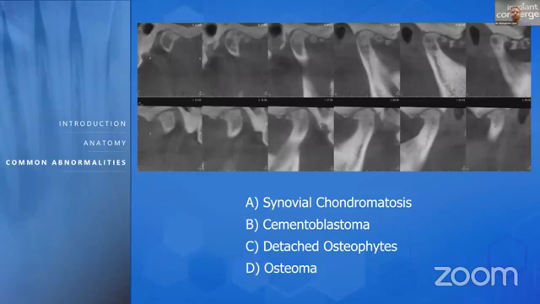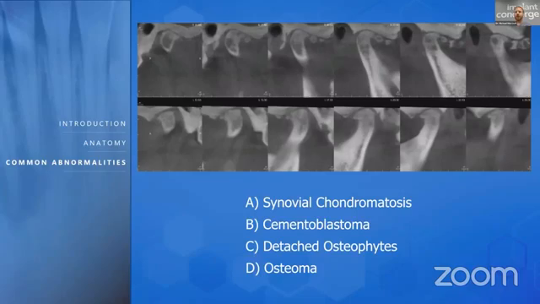All right, quiz time. So what do some people think that this might be? It's not going to be your cementoblastoma. It's not going to be osteoma. So here, again, you have to be a detective and think about what it might be. Do we know exactly what it is? No, but this is where you want to get a differential diagnosis. So chondromatosis in the synovial fluid, absolutely possible.